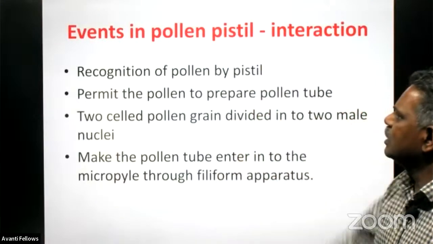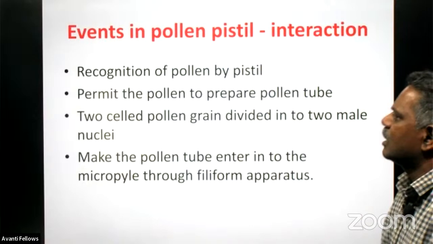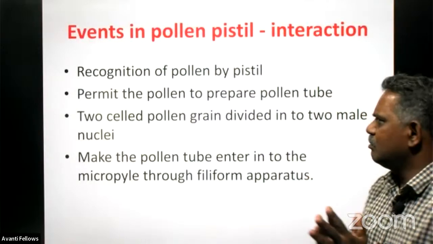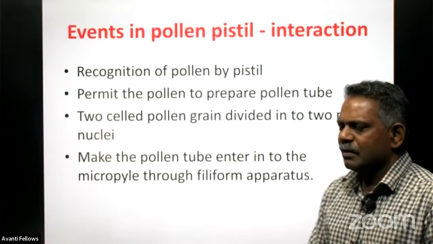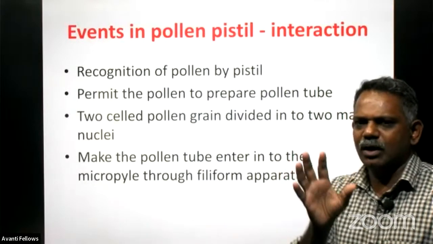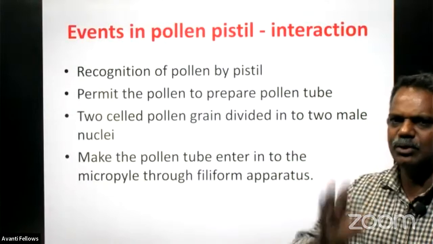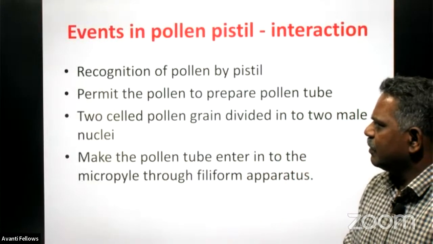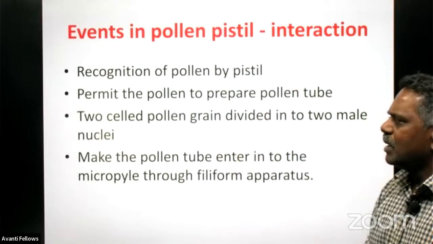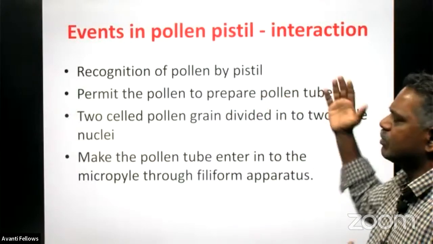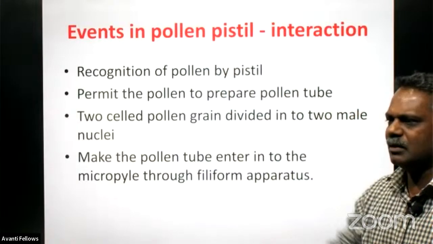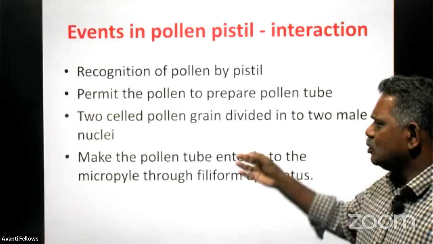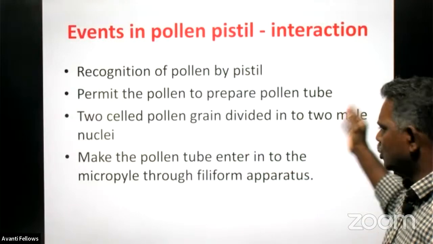Then come to the events in pollen-pistil interaction. First, the recognition of the pollen grain by the pistil. The pistil identifies that this pollen grain belongs to the same species through this interaction. Then if it is compatible, it permits the pollen grain to produce the pollen tube. The pollen tube starts to be produced with pollen germination, and the two-celled pollen grain divides into two male nuclei.